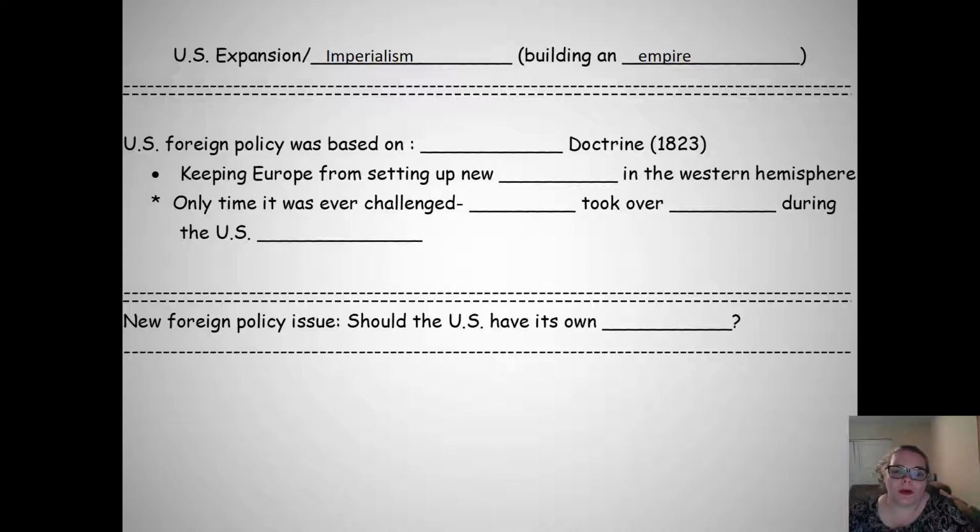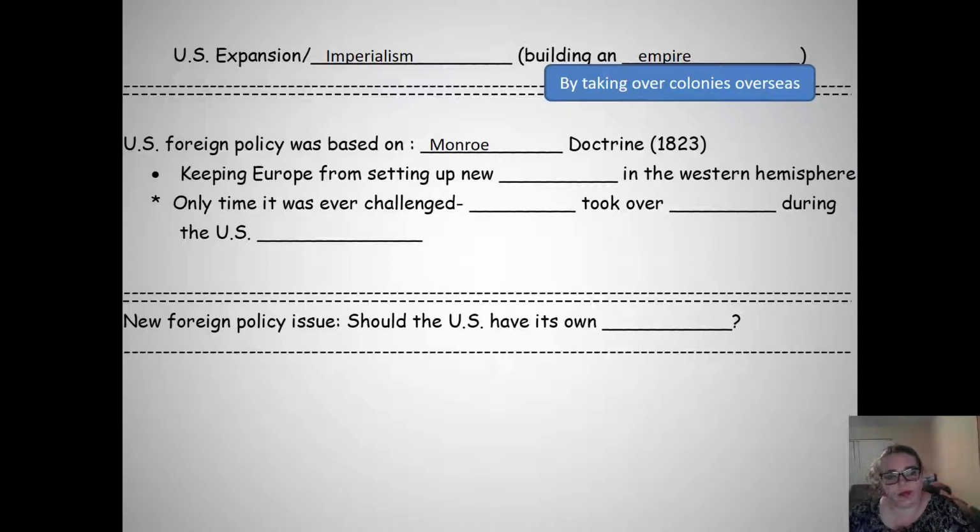Now, the U.S. foreign policy was, at the time, based on something called the Monroe Doctrine. Okay, the Monroe Doctrine is something that had been around since 1823. It was President Monroe who came up with it.